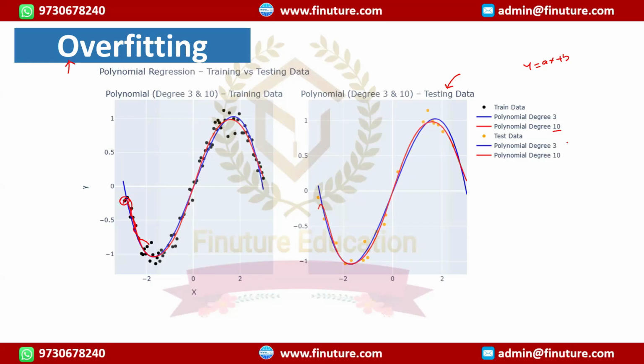Like the rankers of the class who score well, but in practical applications there are outliers. So overfitting is a problem wherein models are super complex, and your model fits the training data so well that when you apply it on the testing data, it really fails and you have higher variance. When you talk about variance, you talk about how the model performs on training versus testing data.